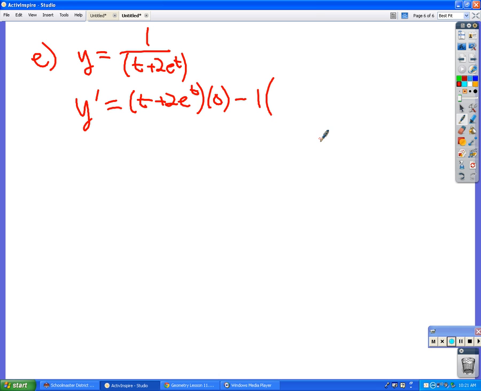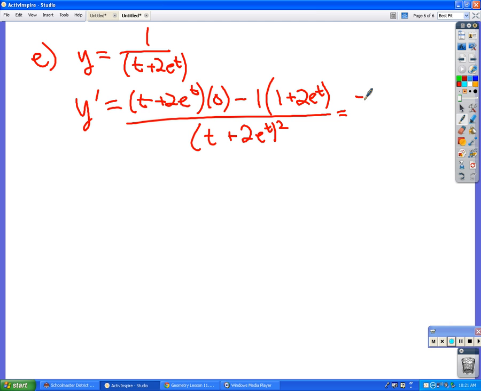What's the derivative of the bottom? 1 plus 2t e to the t, over the square of what's below. So really just negative that over.